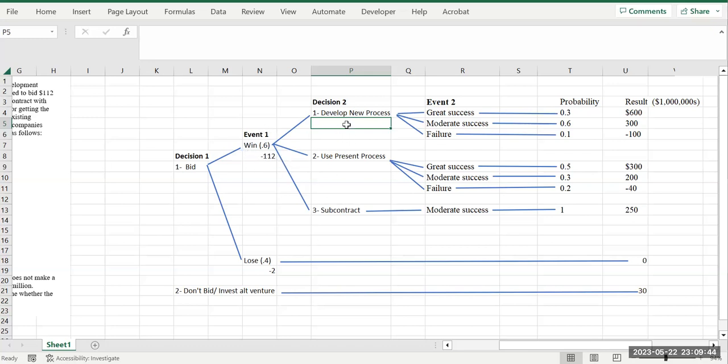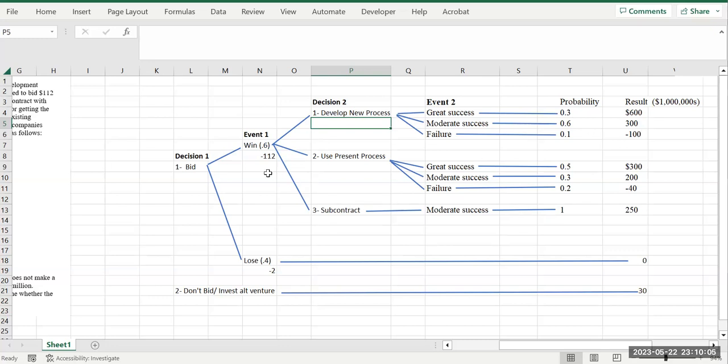If we win and come to these three branches that are the decisions, then we definitely want to go with the maximum.